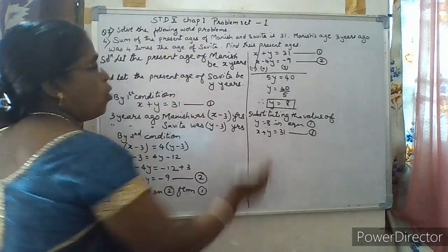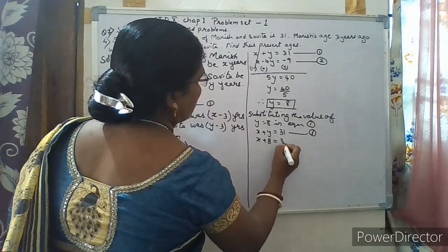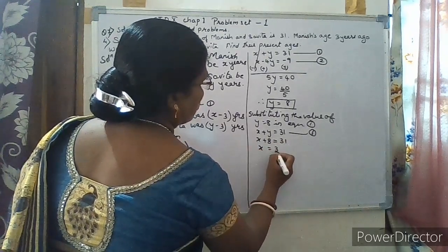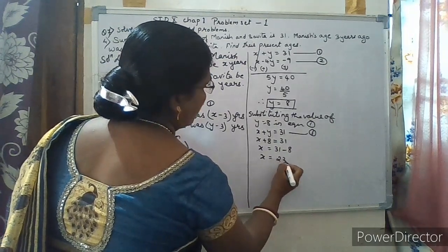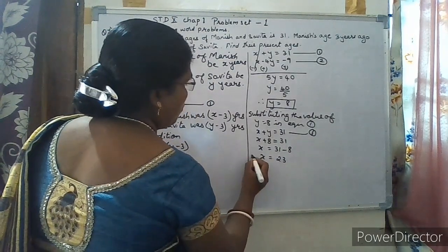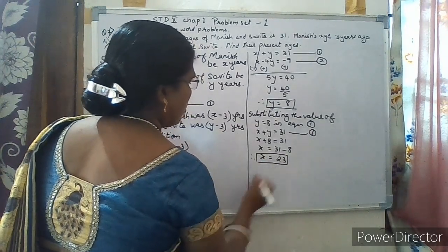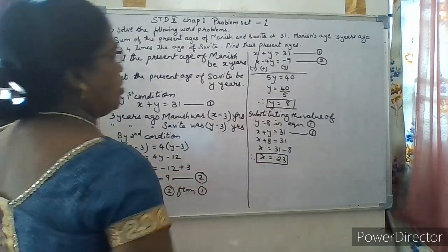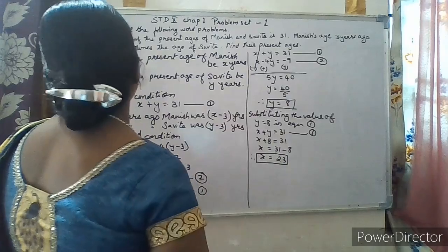The y value is 8. x plus 8 is equal to 31. So x is equal to 31 minus 8. x is equal to 23. Now we have got the values of x and y: x is equal to 23 and y is equal to 8.